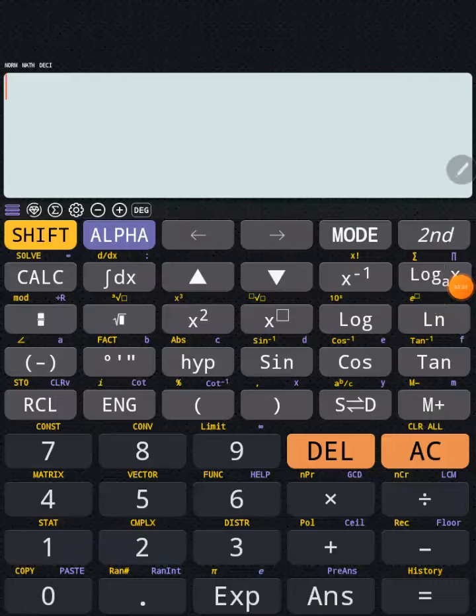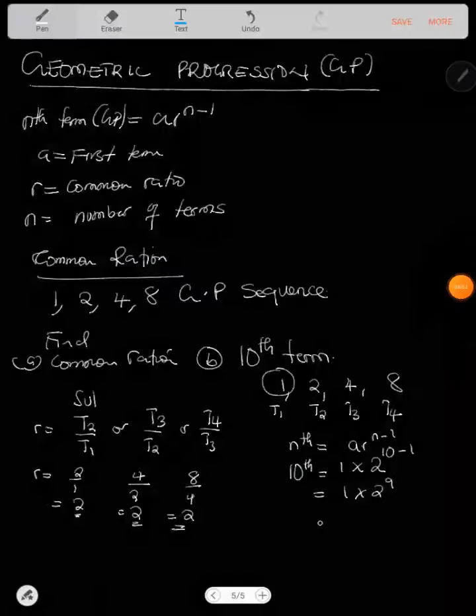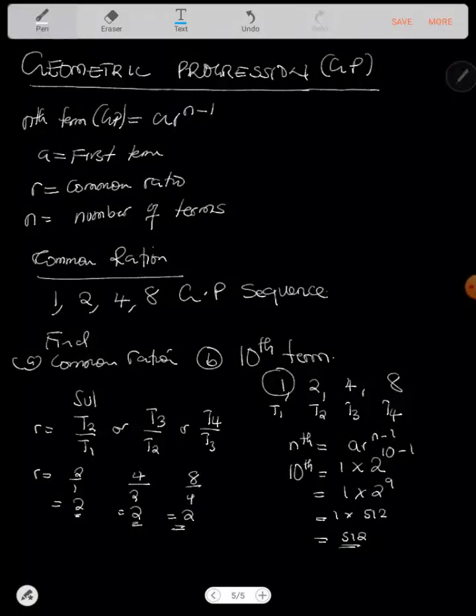You can punch 2 to the power 9. That's 512. So we'll say 1 times 512, and this will give me 512 as my 10th term. So that's how you answer for a 10th term.